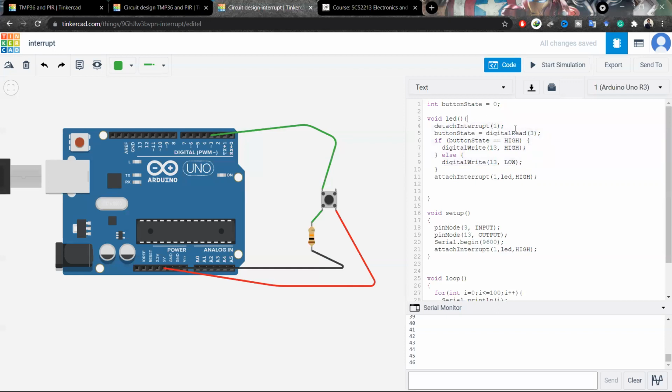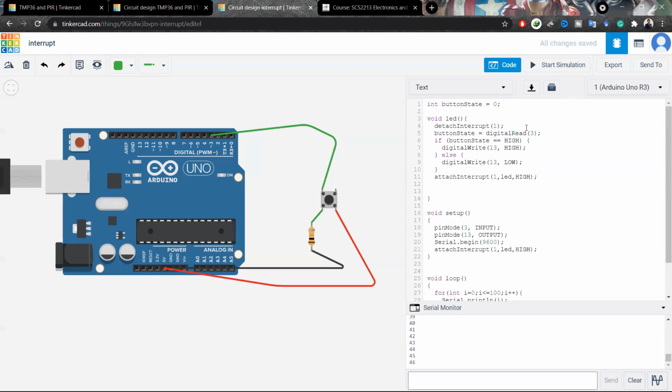Because of that, the first thing we should do is detach our interrupt, right? That means pulling out our interrupt, turning off the interrupt. The interrupt is attached to pin number 1 now, so the keyword is detachInterrupt. You have to give the pin number 1, right?